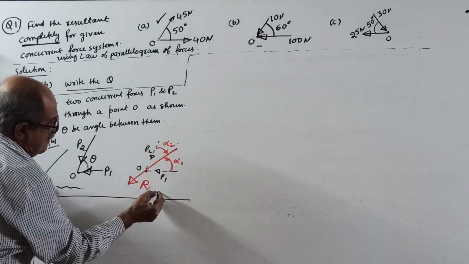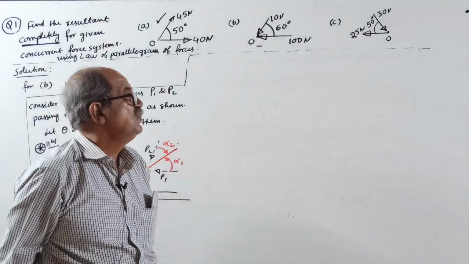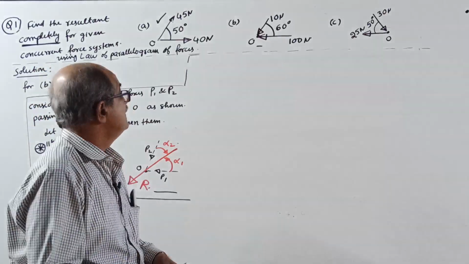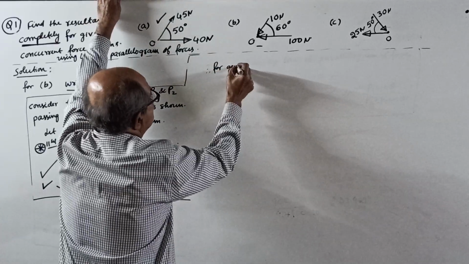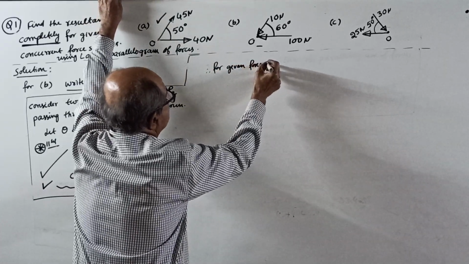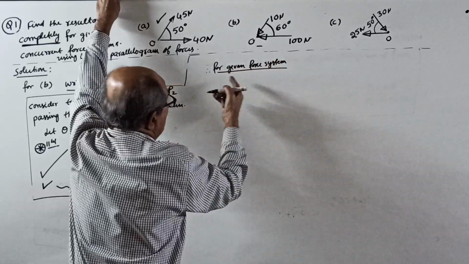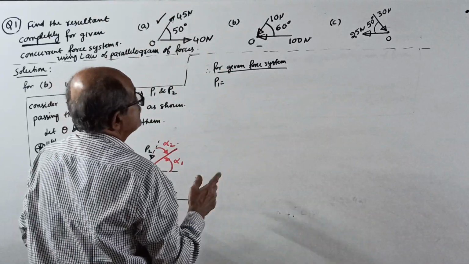Given force system, just now I wrote the resultant, let R be the magnitude, alpha 1, alpha 2, etc. Then write: therefore, for the given force system, what happens? P1 equal to, some will say, sir, minus.